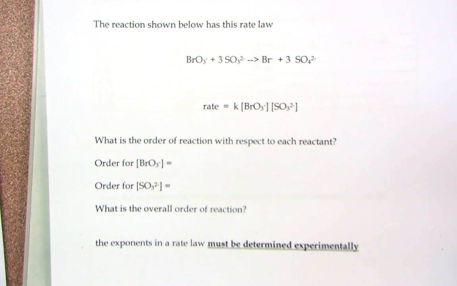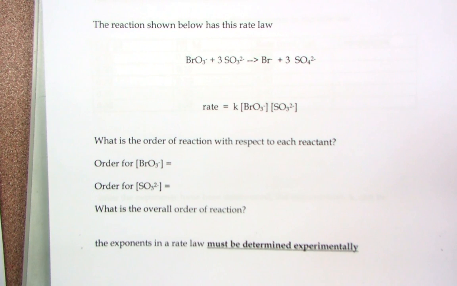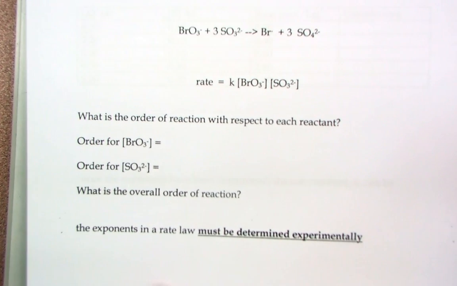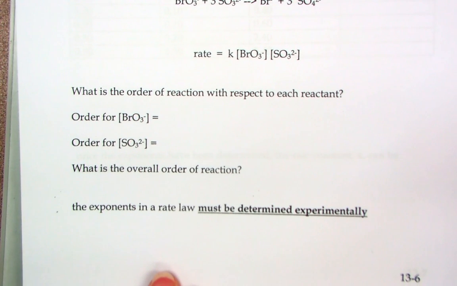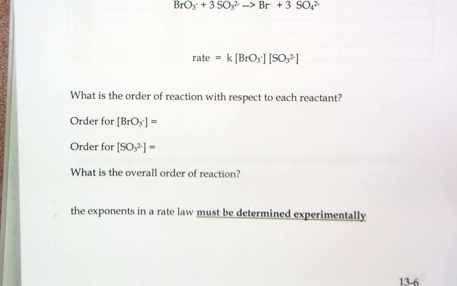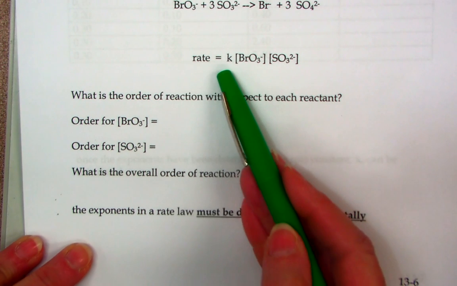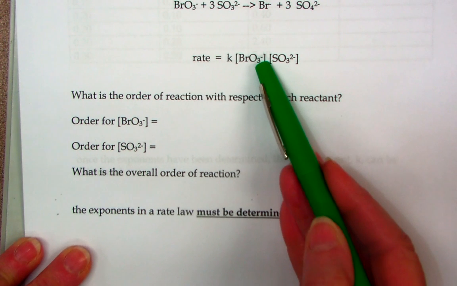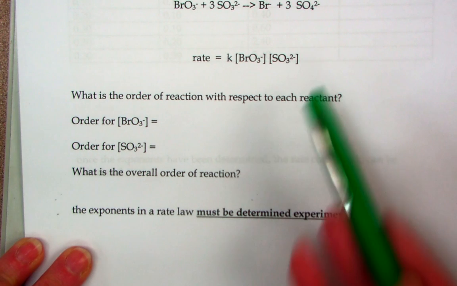We have the bromate ion reacting with sulfite to make bromide and sulfate. And we are given information about this particular equation, and this is its rate law that was provided to us after doing experiments to figure out what the exponents are. So rate is equal to K times bromate to the first power times sulfite to the first.